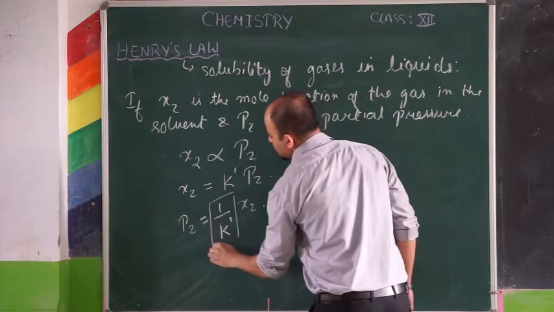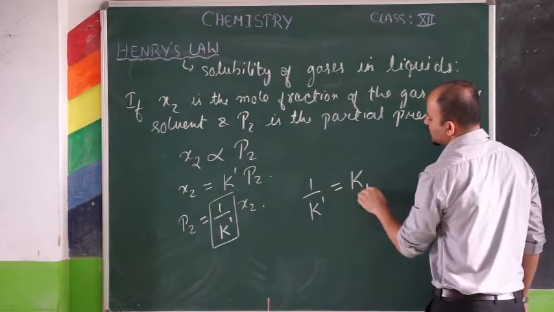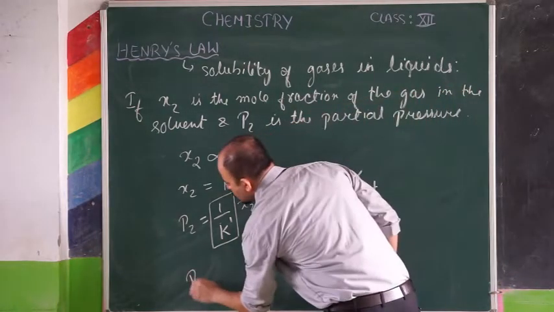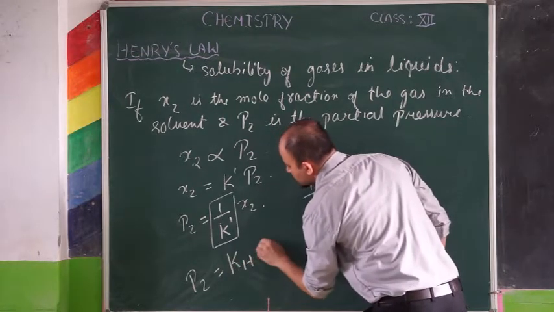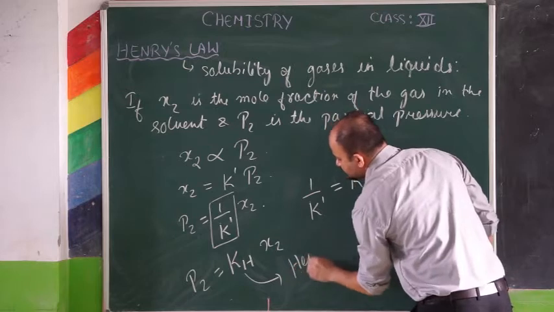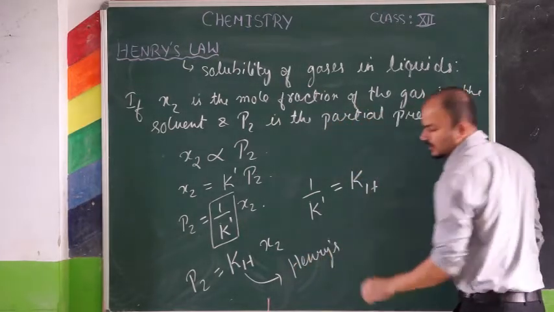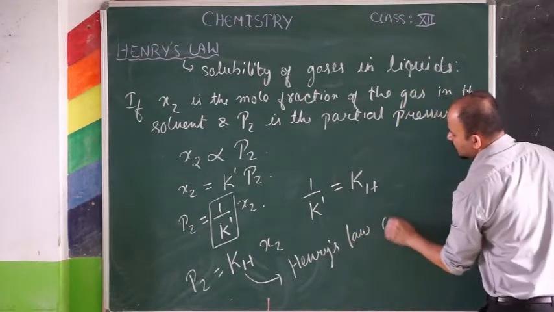This 1 by K' is replaced with K_H, so P2 will be equal to K_H X2. Now this K_H is what? Henry's law constant.